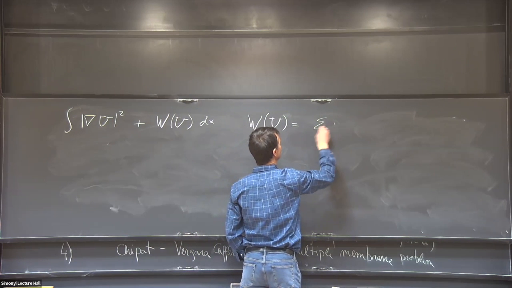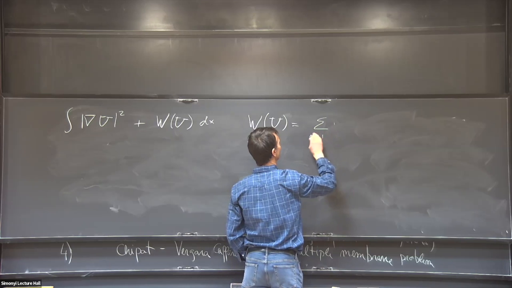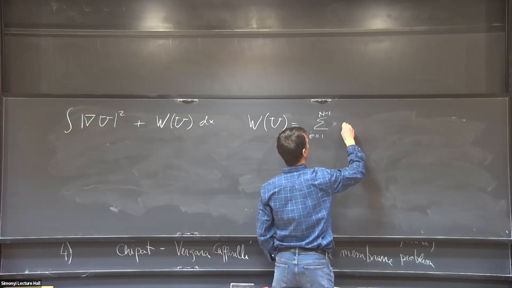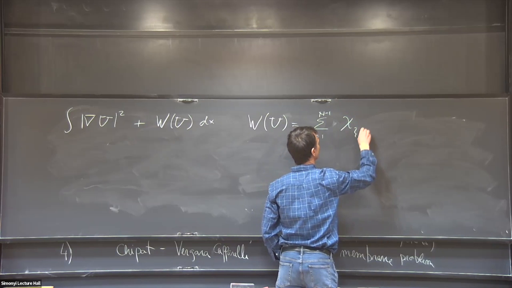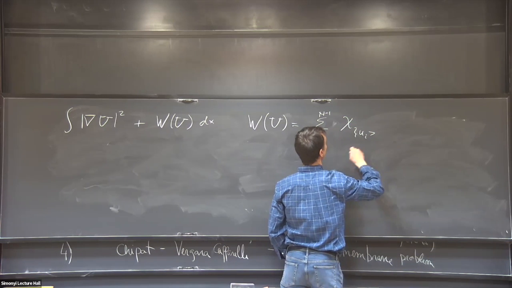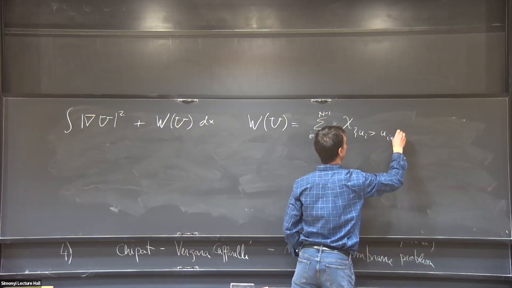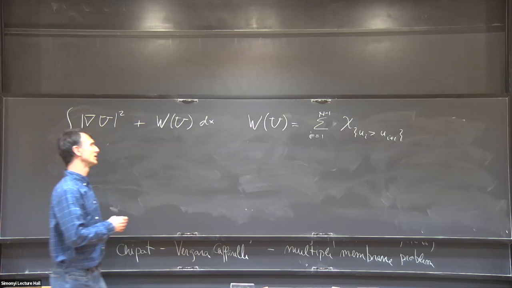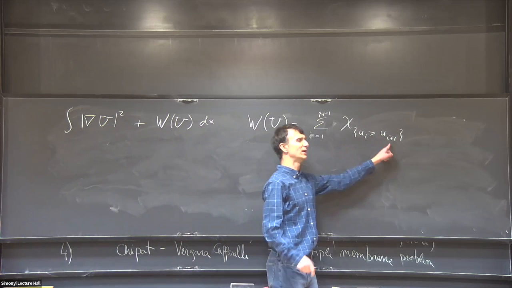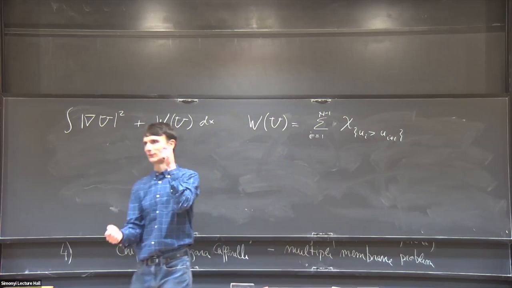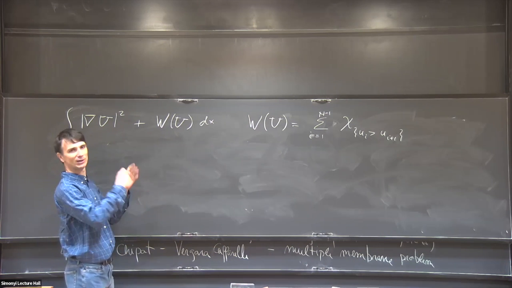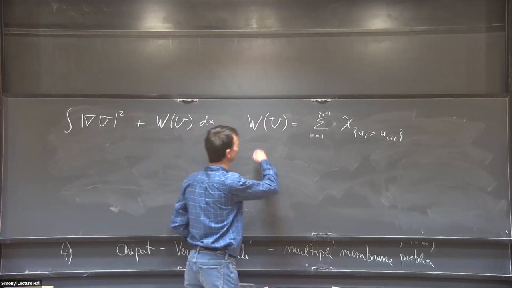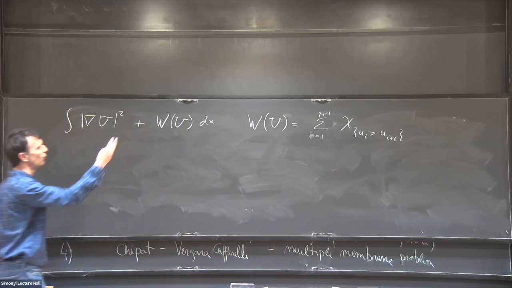I'm going to write it as a sum from i equals 1 to capital N minus 1 of the characteristic functions where ui is bigger than ui plus 1. Essentially, I'm encoding that if two consecutive members separate, I pay 1. If they're equal, I don't pay anything. That's the same as the cardinality of the set if I add 1 to all this.